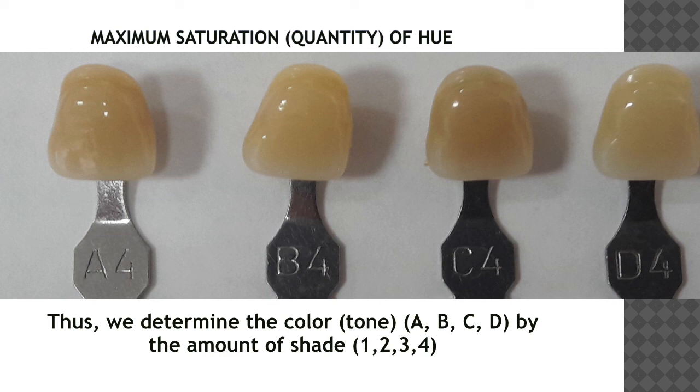The maximum saturation is number 4 in all shades. Thus, we determine the color by the amount of shade. For example, if we need orange-red color with maximum saturation, we should choose the color A4. But if we need the brown color with minimum saturation, then we will choose the number D2.